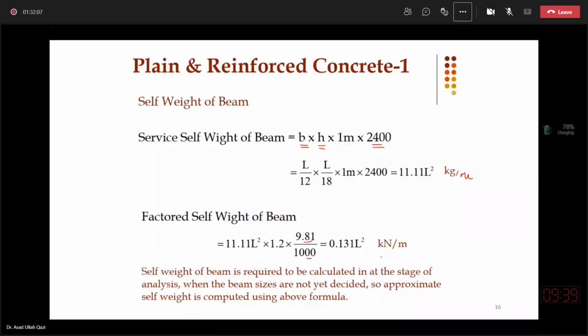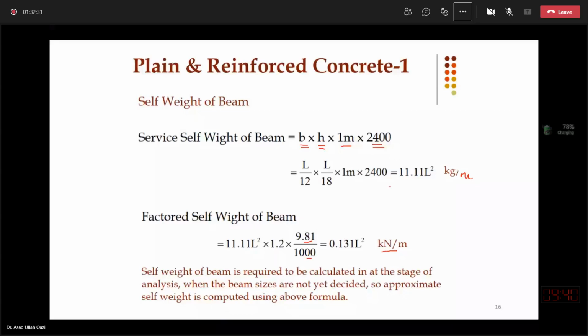They are actually working on a typical cross section where B has the relationship with span by 12 and H has the relationship with span over 18, and for per meter length you are estimating the self weight, so you may get such kind of equation.